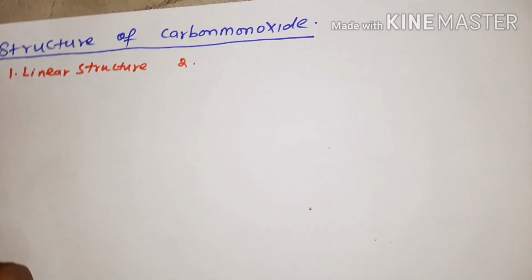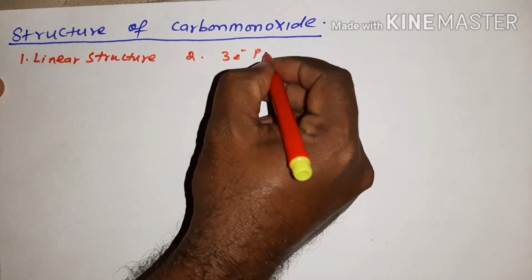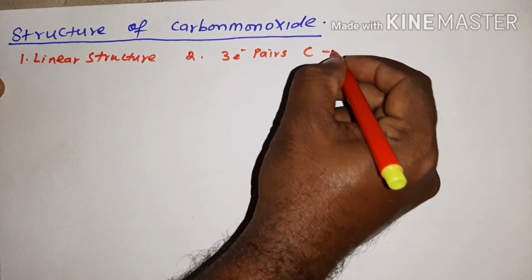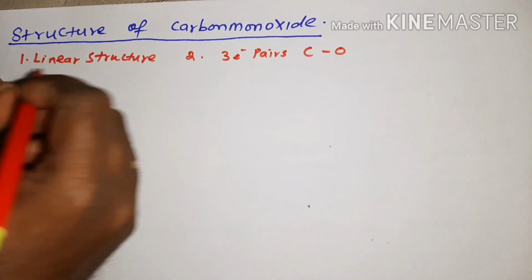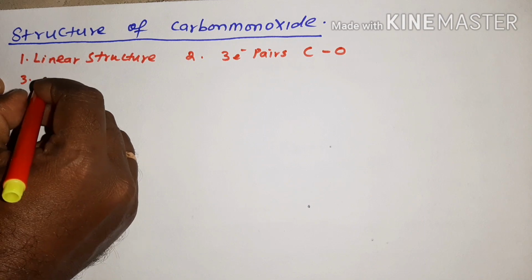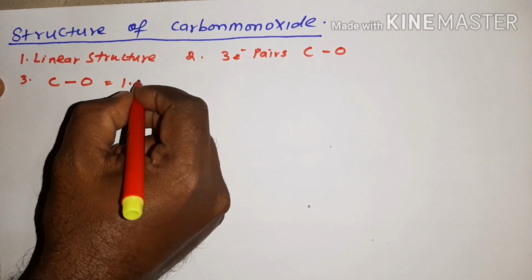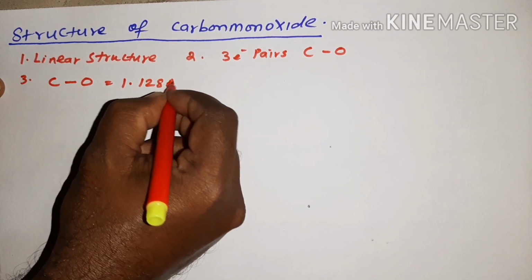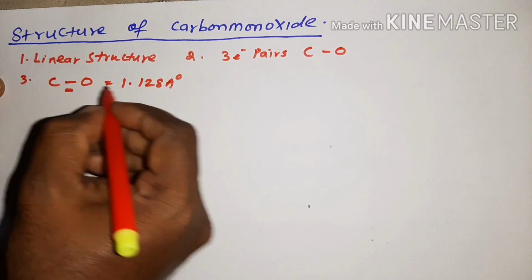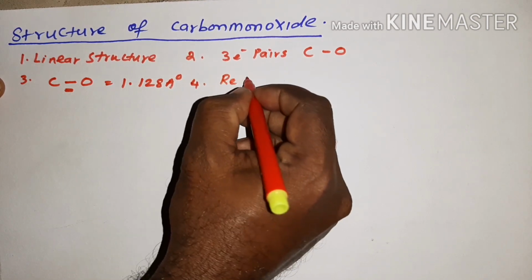Then there are 3 electron pairs between carbon and oxygen, and the bond length between carbon and oxygen is 1.128 angstrom. Then it is expressed in resonance hybrid.